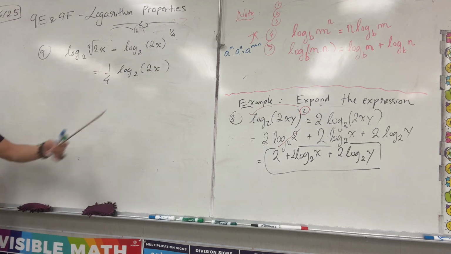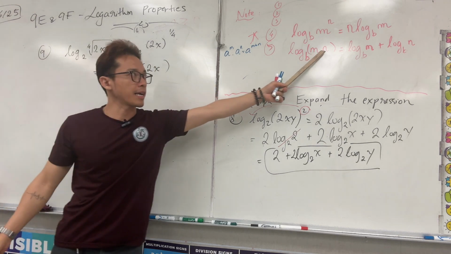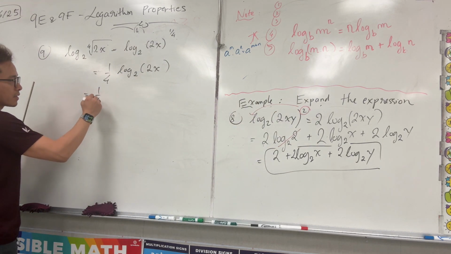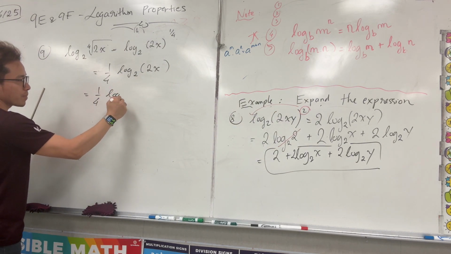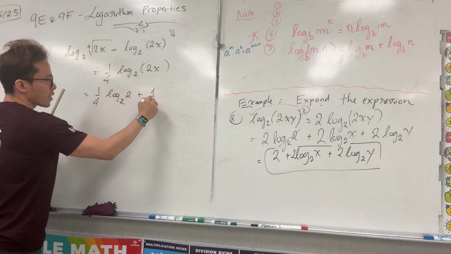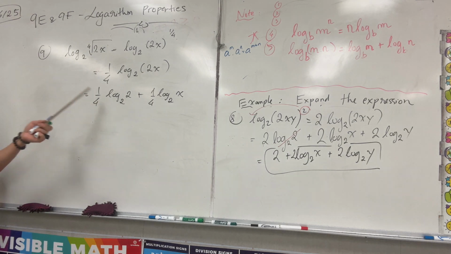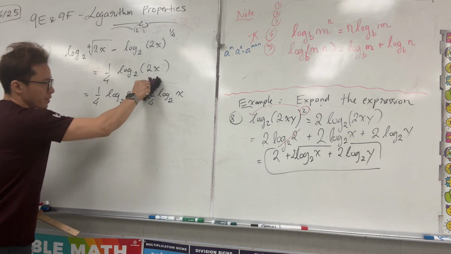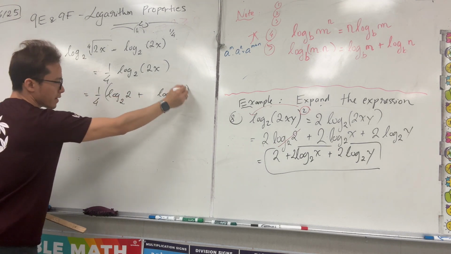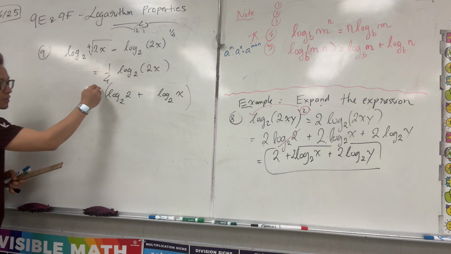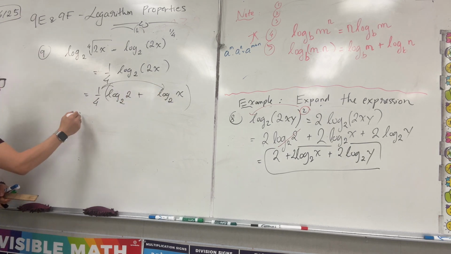All right, and now this is multiplication. You can break it out into two separate things: 1/4 log base 2 of 2 plus 1/4 log base 2 of x. I also distribute it. If you don't want to do that yet, you can write it like this with the parentheses, and later on you're going to distribute it. It's going to be the same anyway.